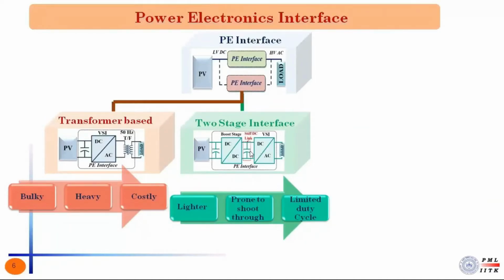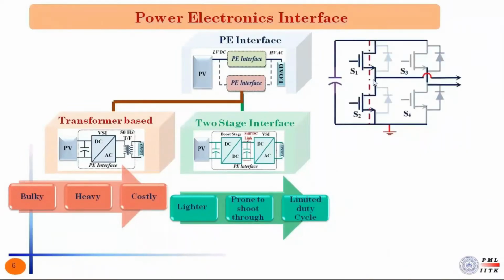Now, what this does, this actually makes the system prone to shoot through. Now, what is shoot through? If at any point of time by mistake two switches of any of the inverter legs are turned on at the same time, then it might lead to a dead short circuit across the stiff DC link, that is the voltage source inverter. Now this might lead to failure of the entire system.